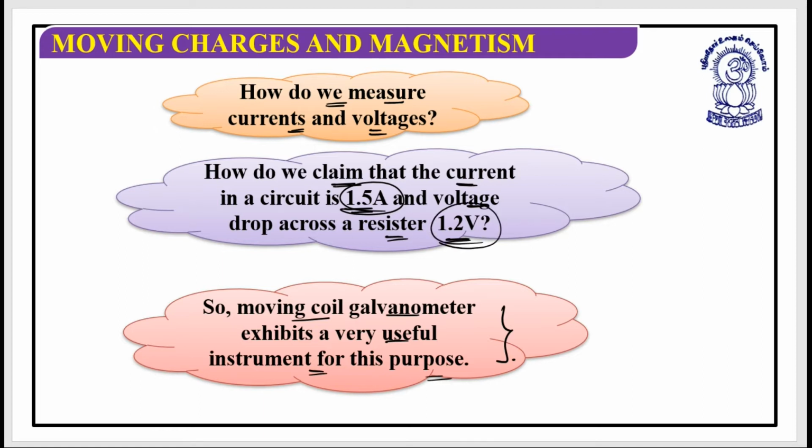But the MCG in its purest form is not capable enough to tell us what amount of current is there or what amount of voltage drop is across a certain resistance. So let's first look at how the moving coil galvanometer looks, on which principle it works, and how it works, and then we will switch to how I can measure the current or the voltage.